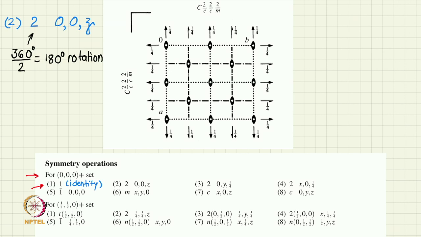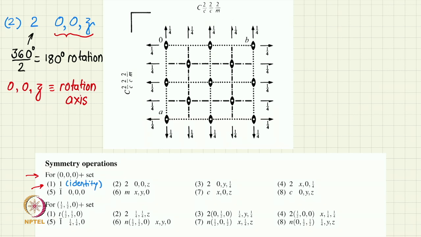The next 3 numbers and letters, the triplet 0, 0, z, tell us about the rotation axis. So, 0, 0, z is the rotation axis.